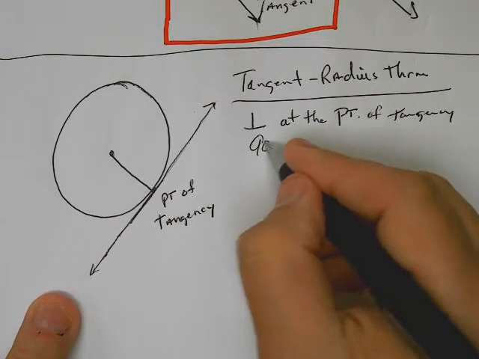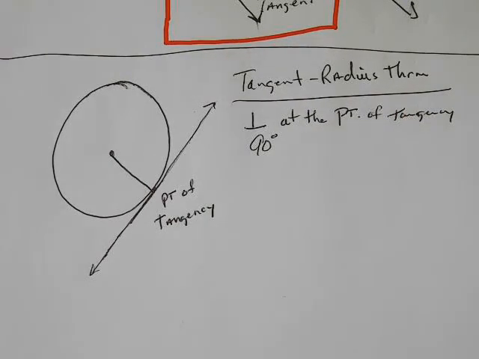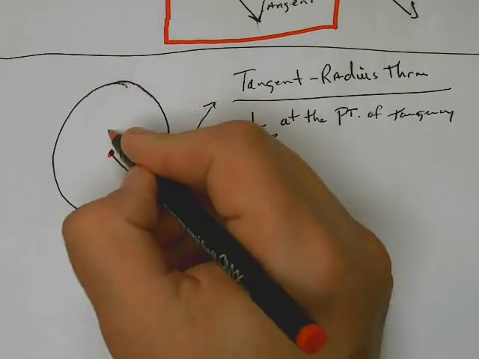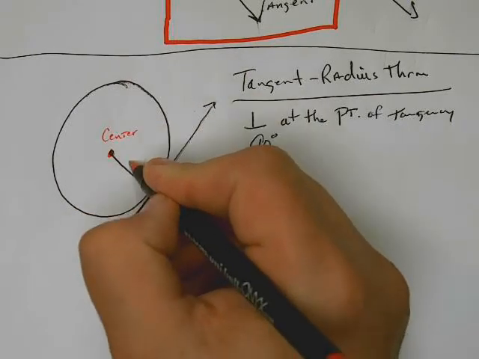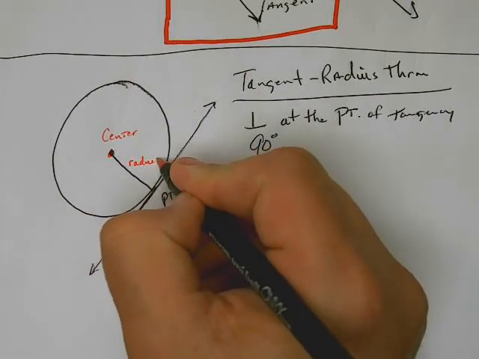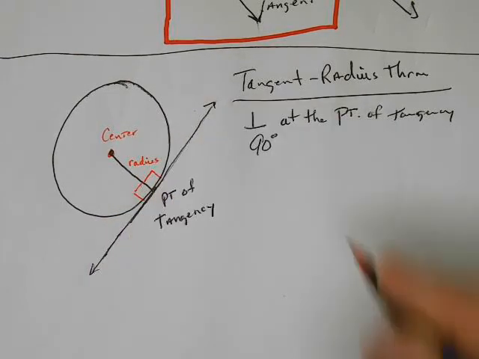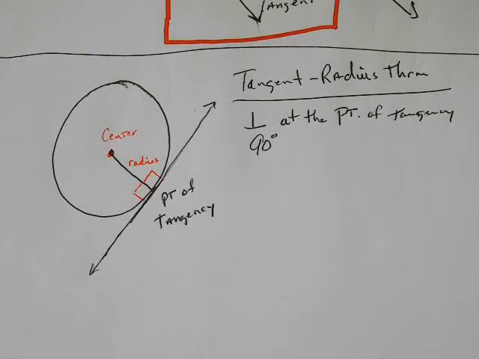Perpendicular, 90 degrees. It's got to be a radius, so it's got to go through the center of the circle. That's the center, this is a radius, and then it makes a 90-degree angle. That's the tangent radius theorem. I'll let you write it down.